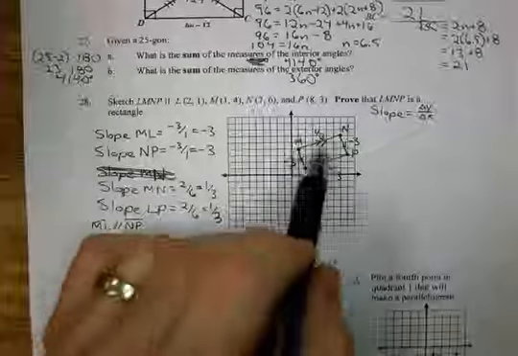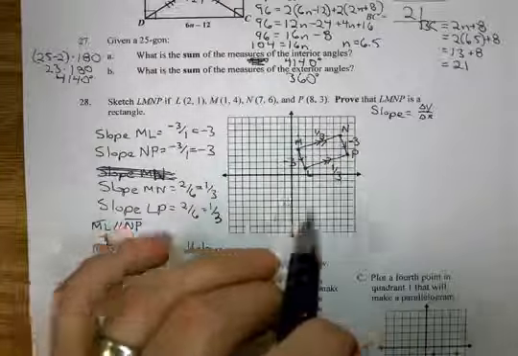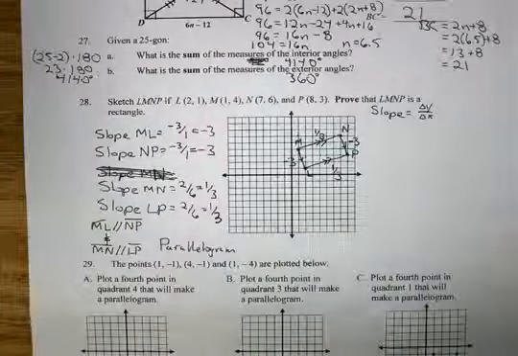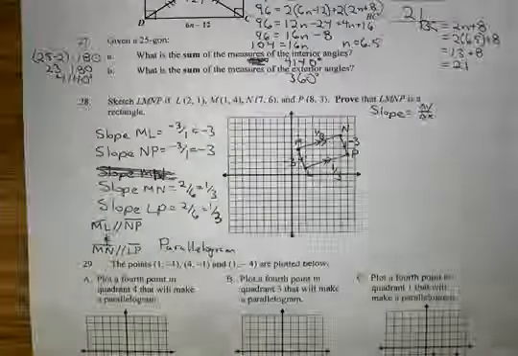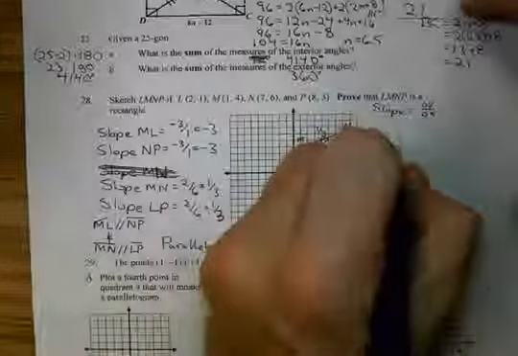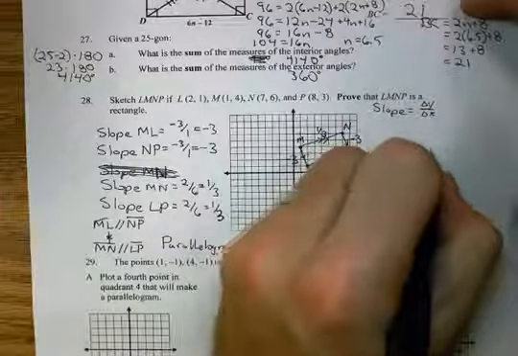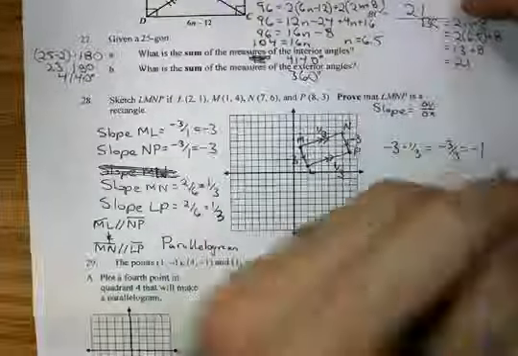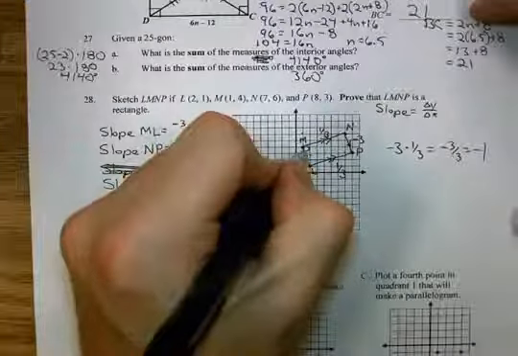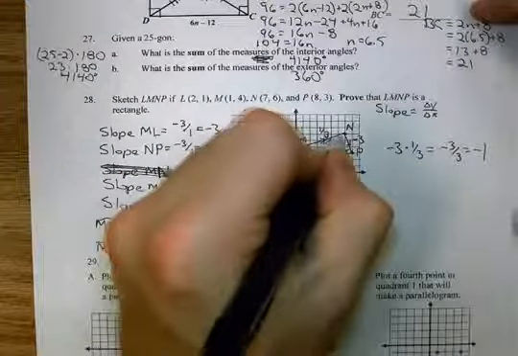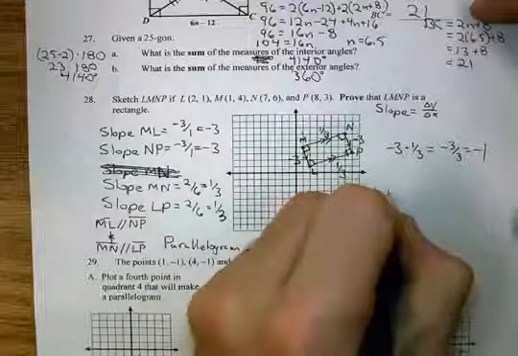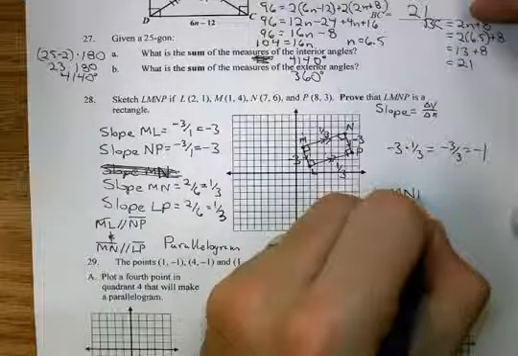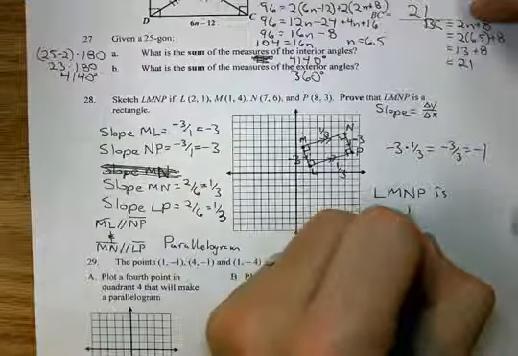So if it's true that those are perpendicular, opposite reciprocals, or their product is -1, I know I have a rectangle. Well, -3 times 1/3 is -3 over 3, or -1. That tells me right angle, right angle, right angle, right angle. And LMNP is a rectangle.